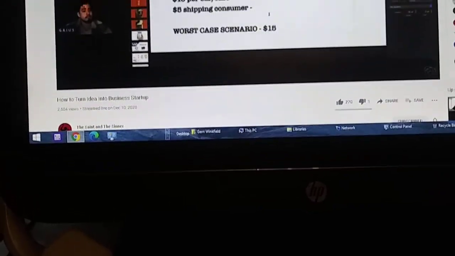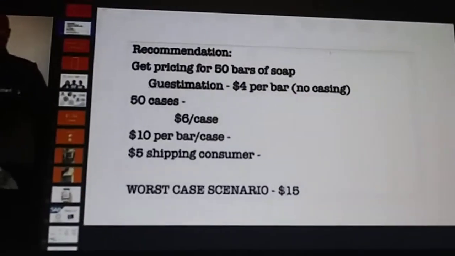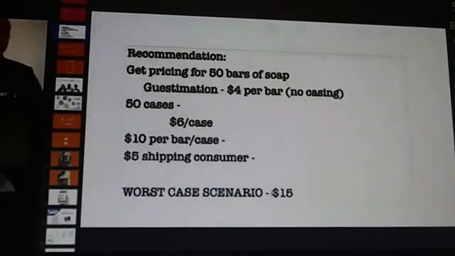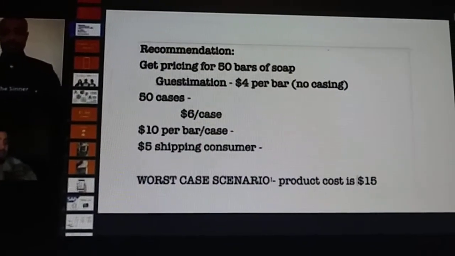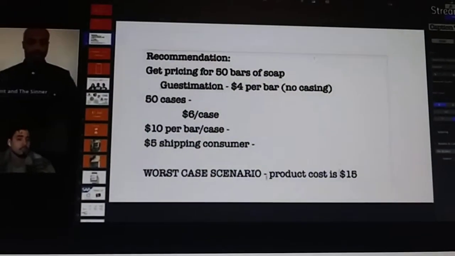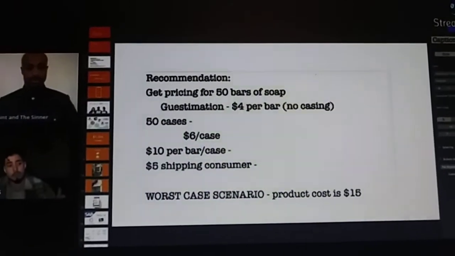But worst case scenario, the total product cost, if you're not making a penny, should be what? If I negotiate the wrong way?